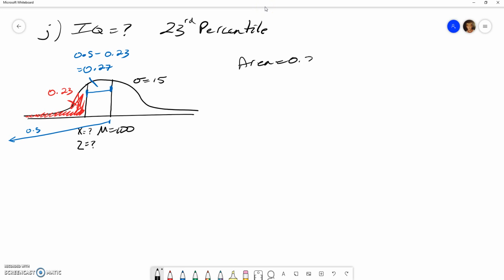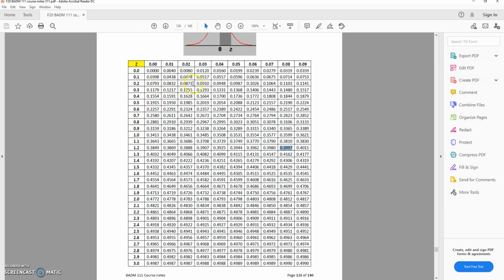Area is 0.27. Z will then equal, let's go over here, the area gives us a Z value.